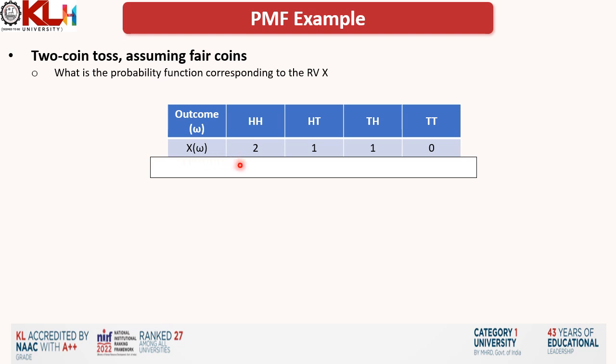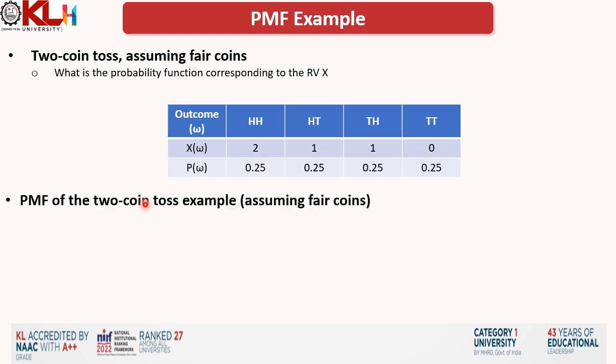And to find the PMF of the random variable X, we need to calculate the probability of each of these possible outcomes. So if you consider the outcome of 2 heads in the 2 coin toss, and since both the coins are fair coins, we can easily calculate the probability of head and head as 1 over 4. It's the same for all the other combinations for this 2 coin toss experiment.